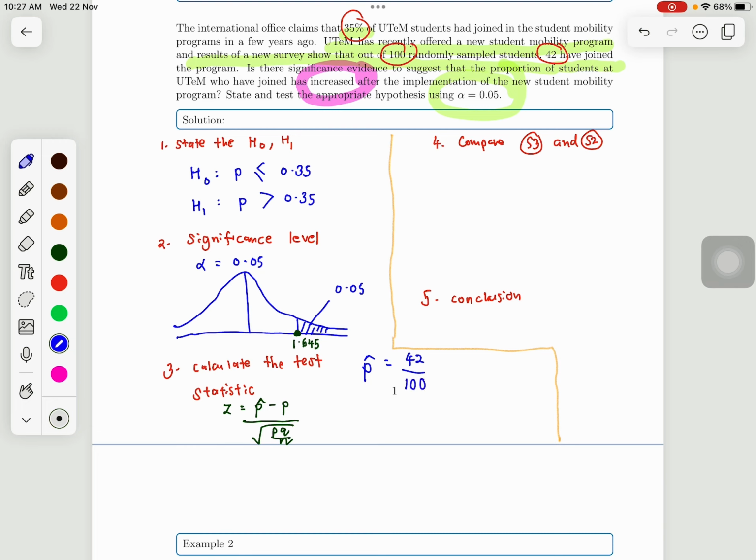Okay, so it's 0.42. So to calculate the test statistic, you just substitute the values into the formula.